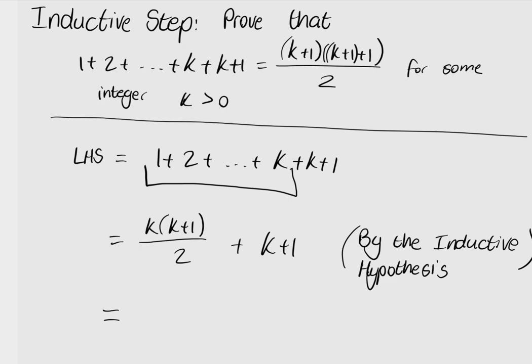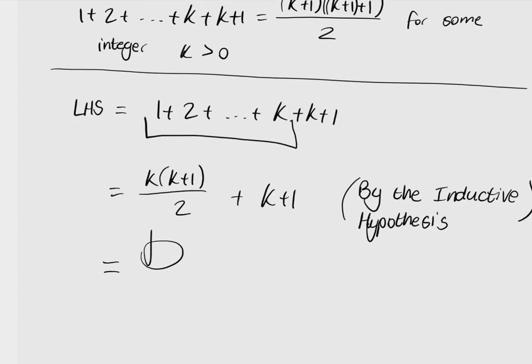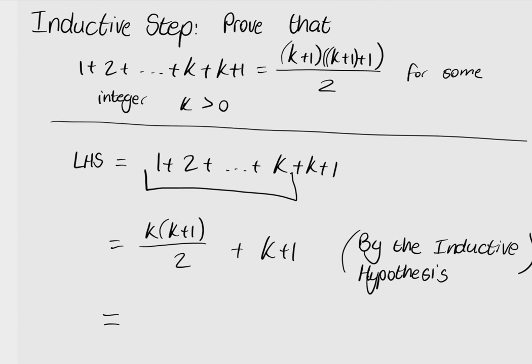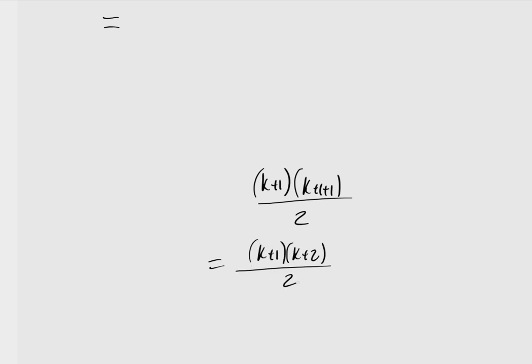What's helpful is to, maybe on a separate piece of paper, or in pencil, or somewhere where it won't be marked, try to simplify the target to a different form, so that when you get to that form from this expression, it will be easier to work backwards. So let me show you what I mean. (k plus 1)(k plus 1 plus 1) all over 2 is equal to (k plus 1)(k plus 2) all over 2.